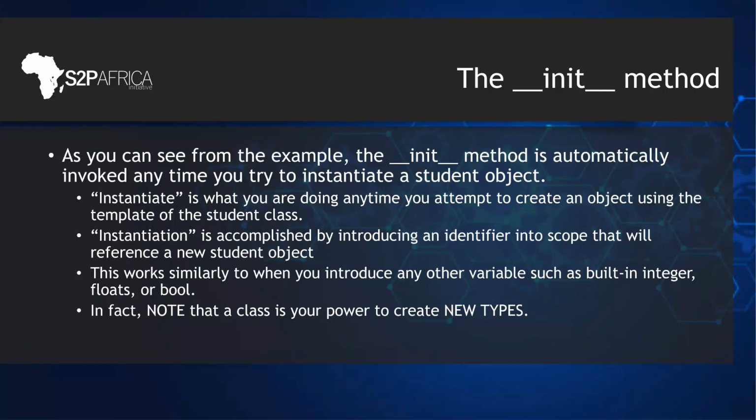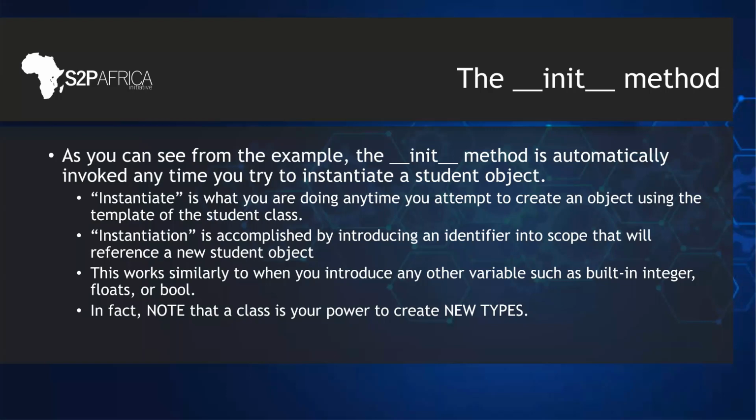So if you want to manufacture Azubuike now, what will the init method do? The init method will take the template described in the class. A student should have a matric number, so it will assign a matric number to Azubuike. It knows that a student should have a name, so it will assign a name to Azubuike.